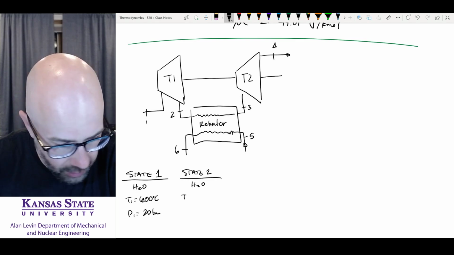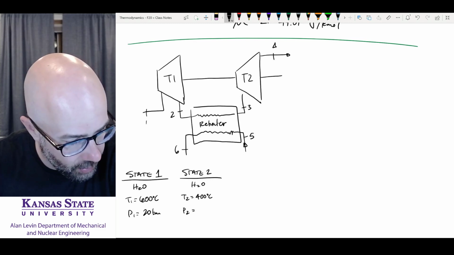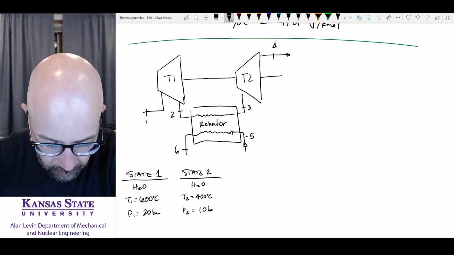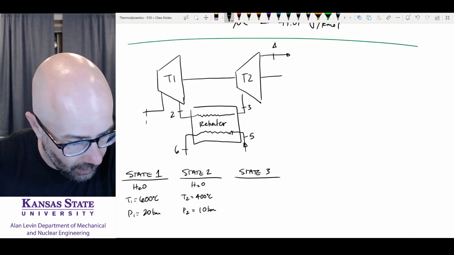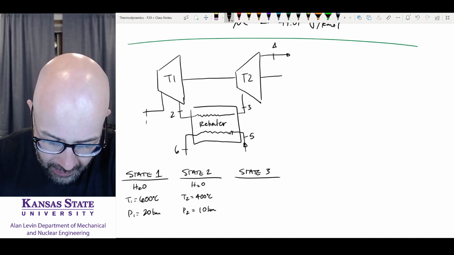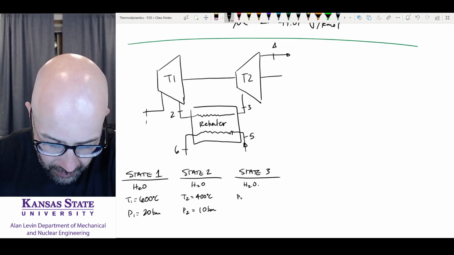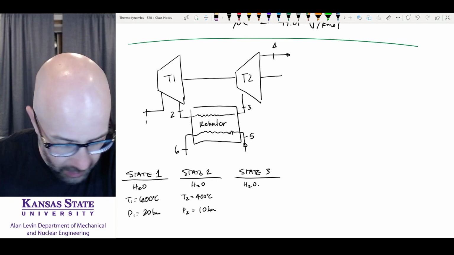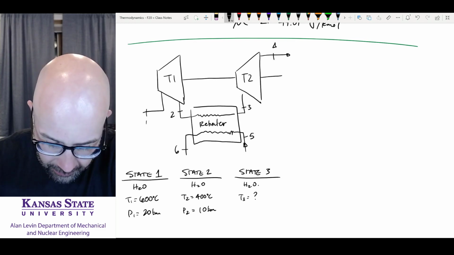The temperature at 2 is going to be equal to 400 degrees Celsius, and the pressure at 2 is going to be equal to 10 bar. State 3, still water, but we don't know the temperature at 3. We just know the pressure at 3 is equal to 10 bar.